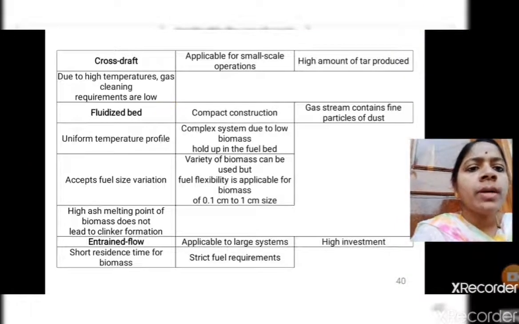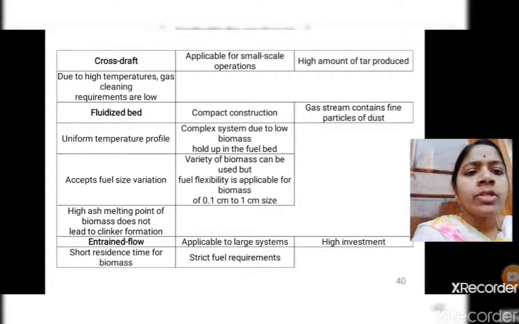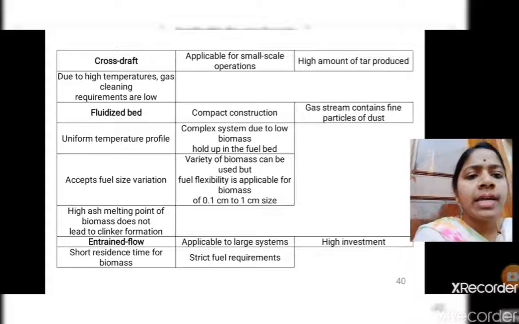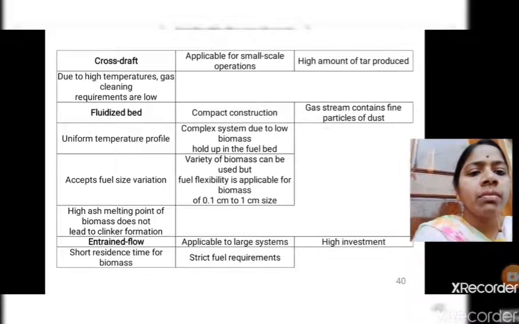And the fluidized bed has a uniform temperature profile. As the name indicates, the fluidization of the particles gives an opportunity for the best heat and mass transfer, and the reactions can be very fast, and it accepts various fuel sizes. The ash melting point of the biomass does not lead to clinkering or deformation.